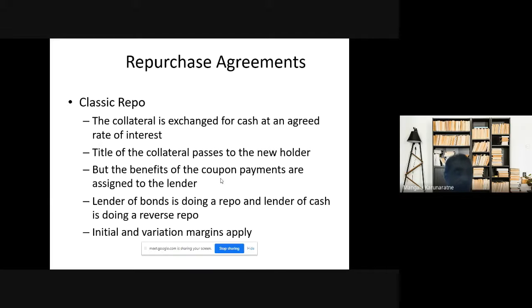I am talking about these classic repos. Although we say rate of interest, actually you are selling at a price and buying back at a price, but to calculate the benefit, we arrive at an interest rate. So we have to agree on the interest rate.